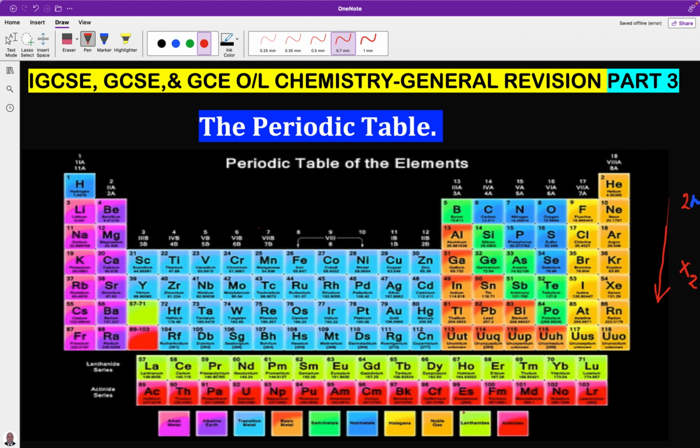Summarizing, the periodic table is a table made of elements arranged in order of increasing proton number. The groups are the columns, and the periods are the rows running from left to right.